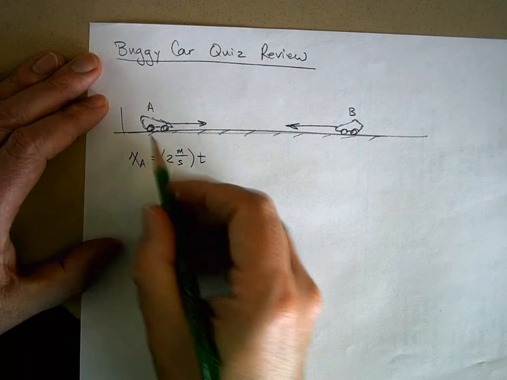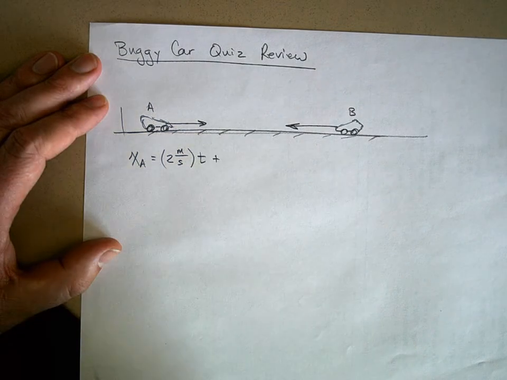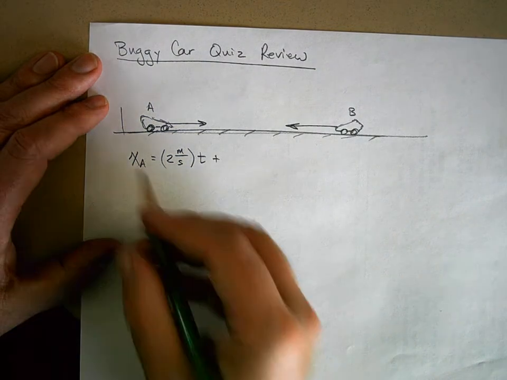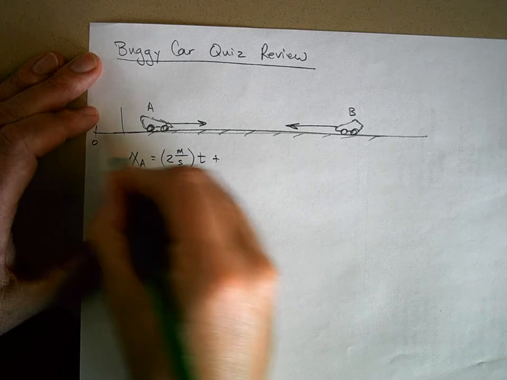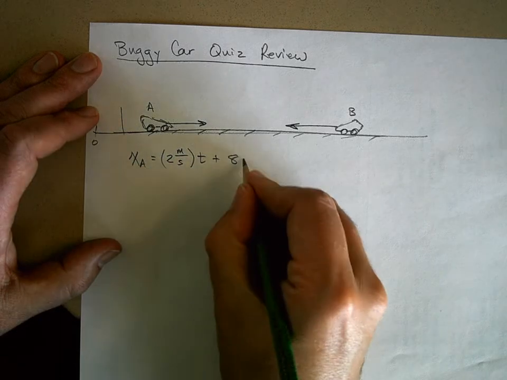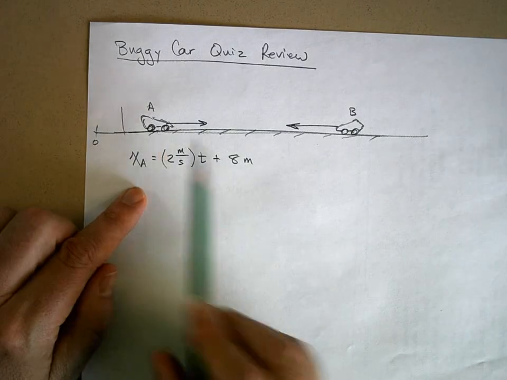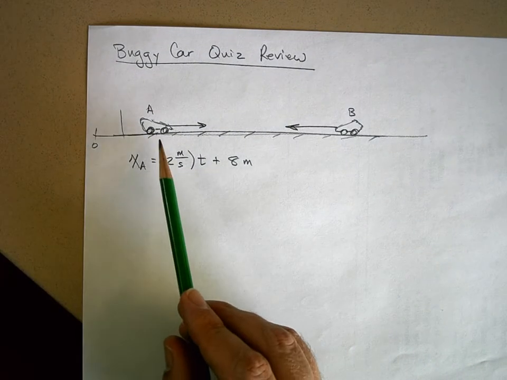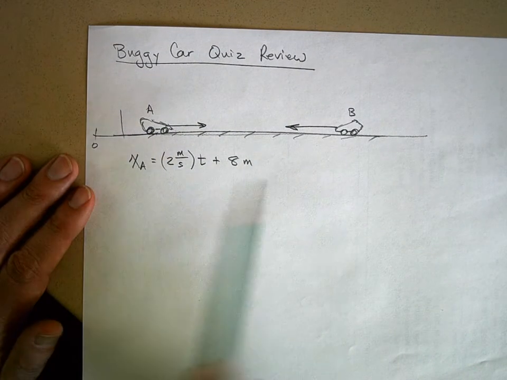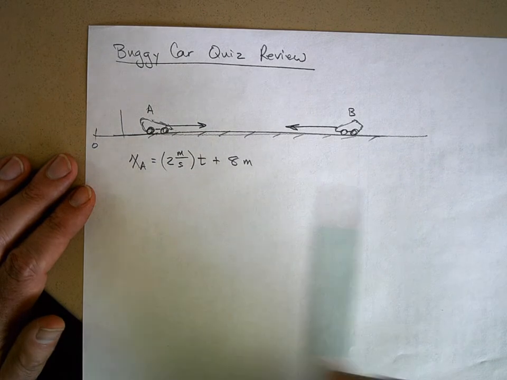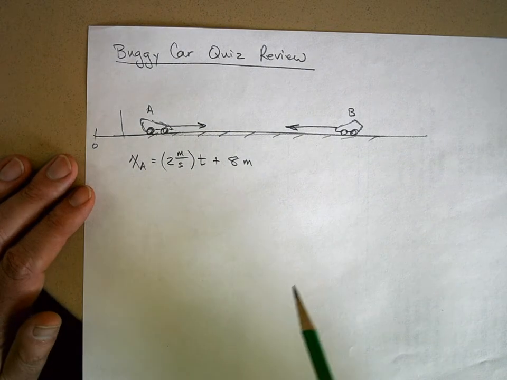Okay, and let's say that its starting position is at 8. Well, let's put 0 way over there. So we'll say this is at 8 meters. So when time is 0, the position of car A is 8 meters away from our origin, and it's moving in the positive direction at a rate of 2 meters every second.